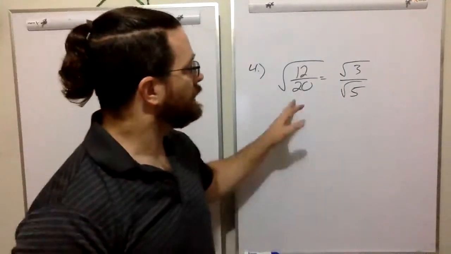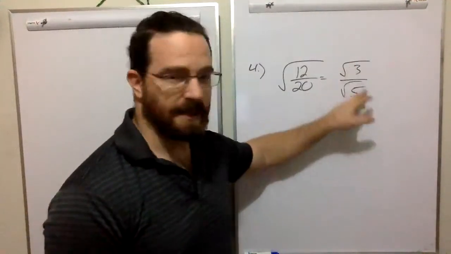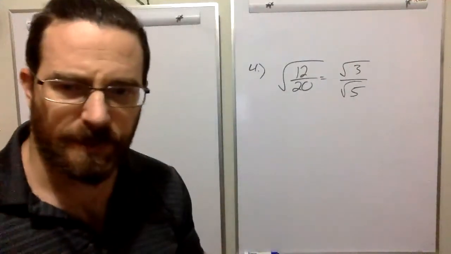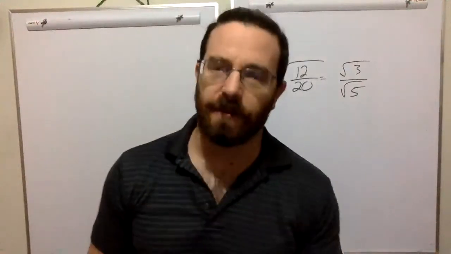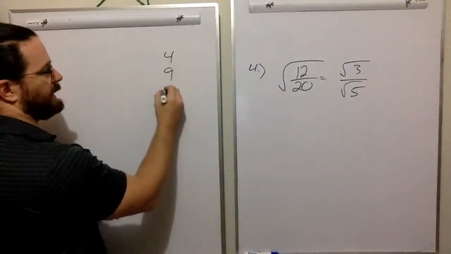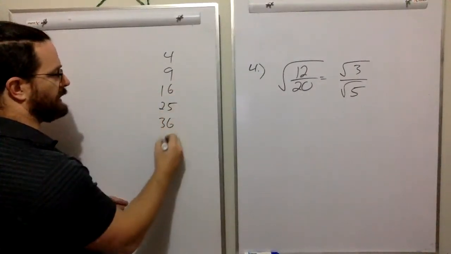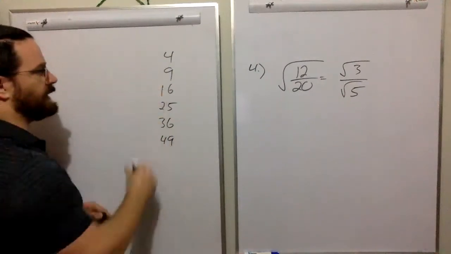All right. Now I take a look at my radicals really quick to see if there are any perfect squares on the inside. Remember, when you're looking for numbers that have perfect squares, you're looking for numbers that can be divided by 4, 9, 16, 25, 36, 49, and so on and so forth.